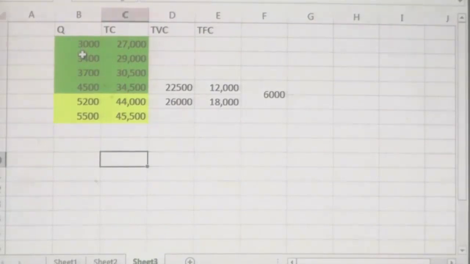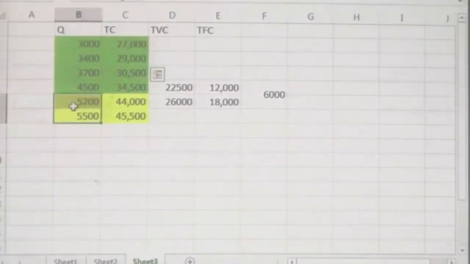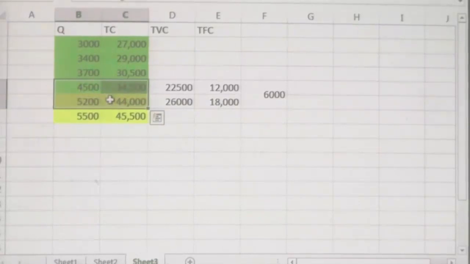Within green range no step cost, within this yellow range no step cost. But from 4,000 to 5,000, 4,500 to 5,200 there is a step cost. That is the question mentioned. Therefore, when calculate variable cost, you have to use two set of data from here or two set of data from here. Don't select like this to calculate the variable cost, since in between these two you have step cost.